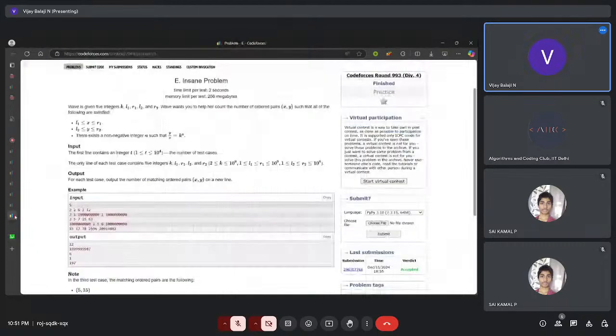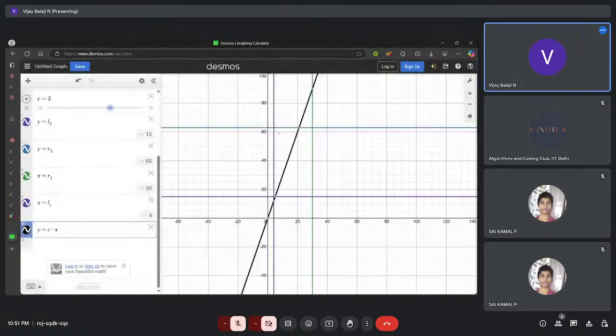Now, all the solutions of the first 2 points will be within this rectangular region formed by these four lines. All the points that are the solutions will be on this line as well as in this region. So it will be basically all the points that are within this line segment.